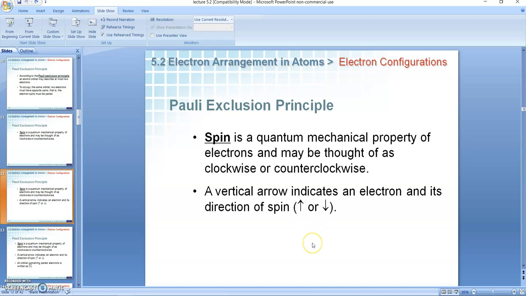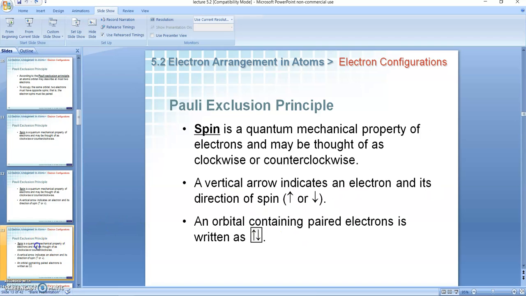The reason why, by the way, is the magnetic fields would repel each other, for those of you interested in that kind of thing. So, notice within an orbital, that little box they show that fits the electrons in, you can fill it up like this, putting one electron spin up, the other electron spin down, the orbital is full. And now you'd have to move up to the next orbital.